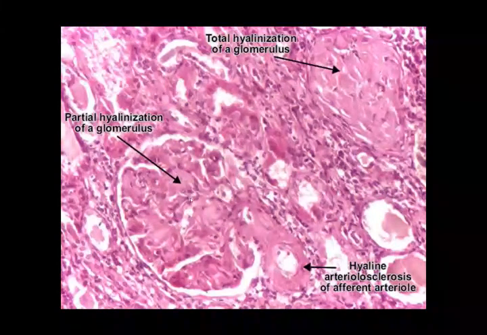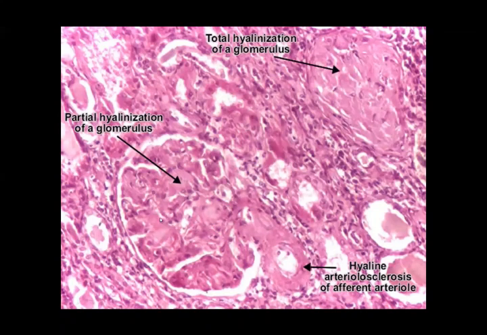Shrunken tubules, hyalinization of the glomerulus, and then what about sclerosis of the blood vessels? Where are the blood vessels? No, there was this one. Yes, hyaline arteriolosclerosis of the arteriole. You see that?